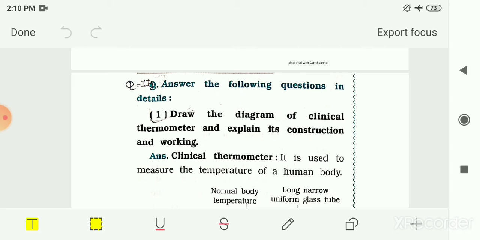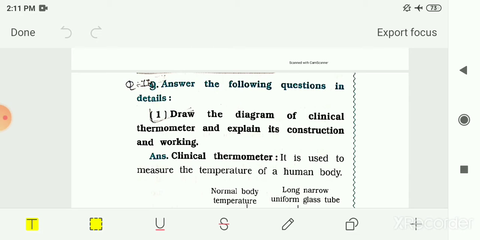Then we had seen the instrument which is used to measure the temperature of any object. The instrument to measure the temperature of an object is called the thermometer. And there are various different types of thermometers we had already seen. The thermometer that measures our body temperature is called a clinical thermometer or doctor's thermometer.